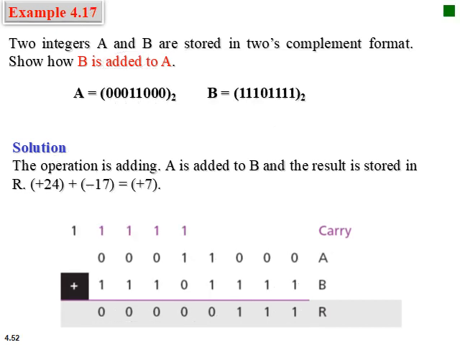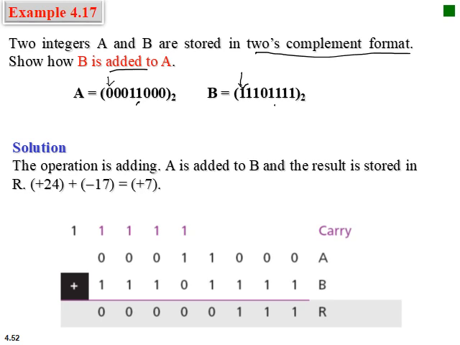This example says B is added to A. This is A, this is B. Remember, they are stored in 2's complement format. You can immediately see with the 0 there, A is a positive number, but hold on, B is a negative number. Yet we need to do addition. That's fine.